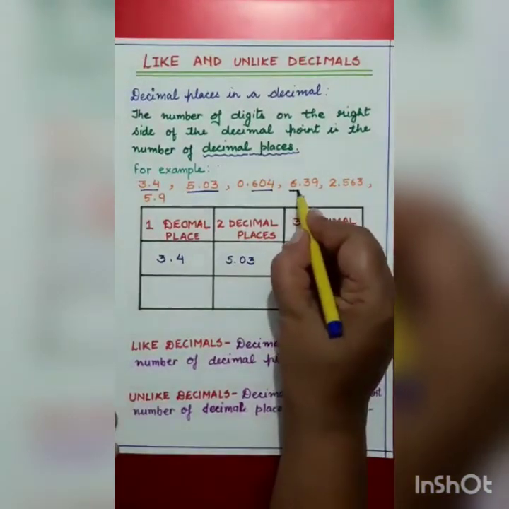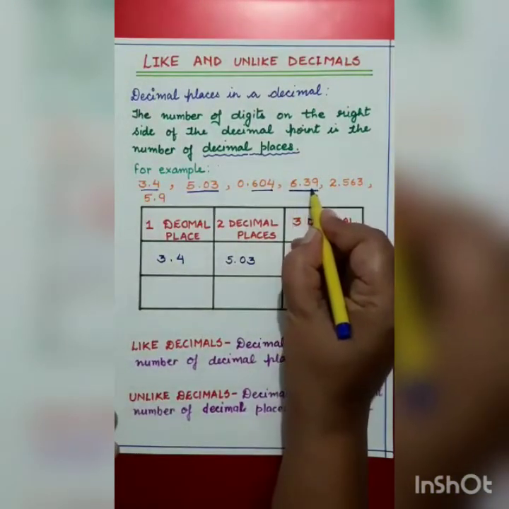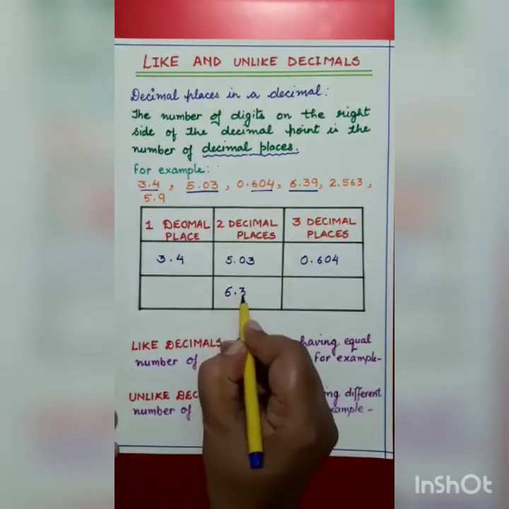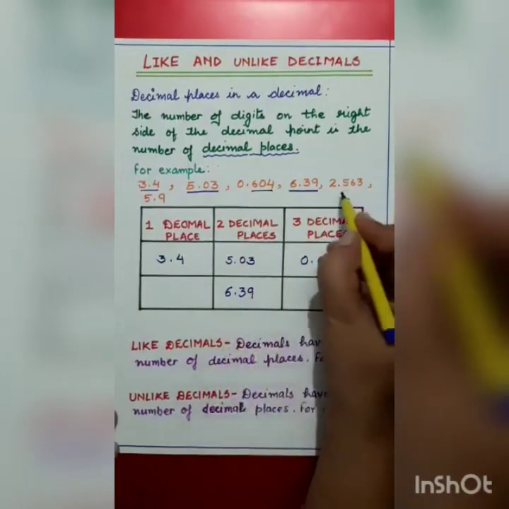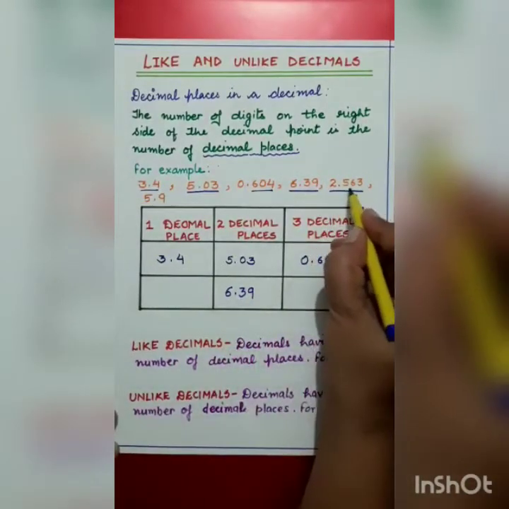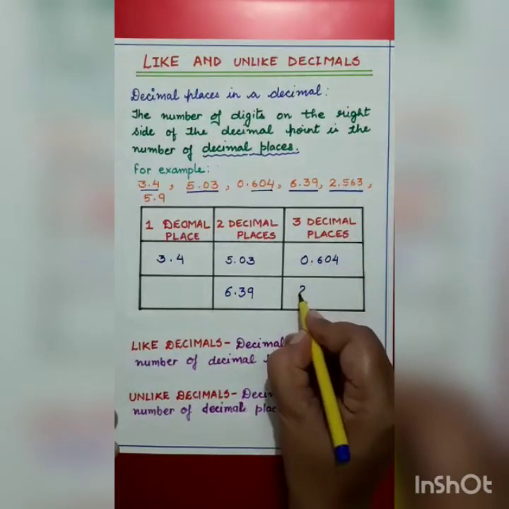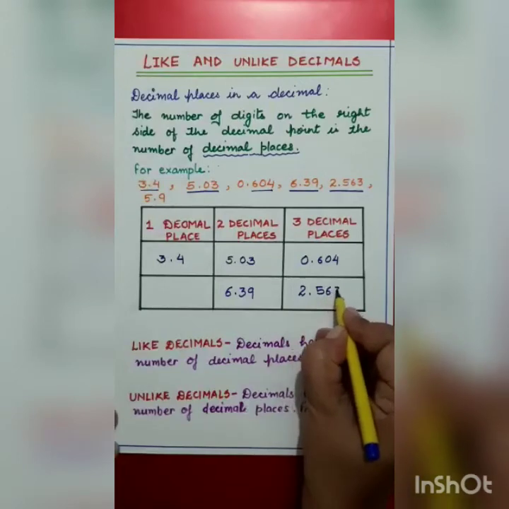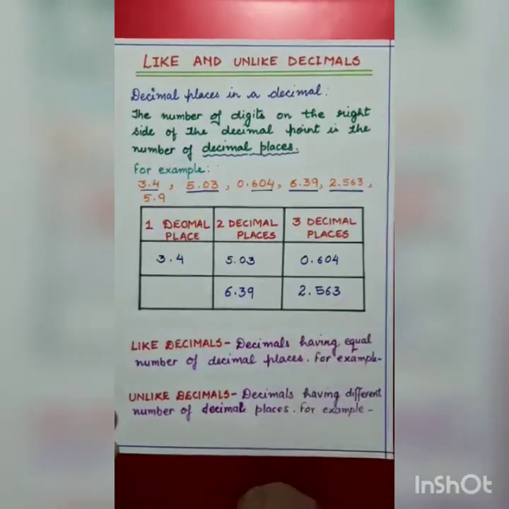In 6.39, there are two digits after the decimal point. It has two decimal places. In 2.563, there are three digits after the decimal point. Therefore, it has three decimal places.